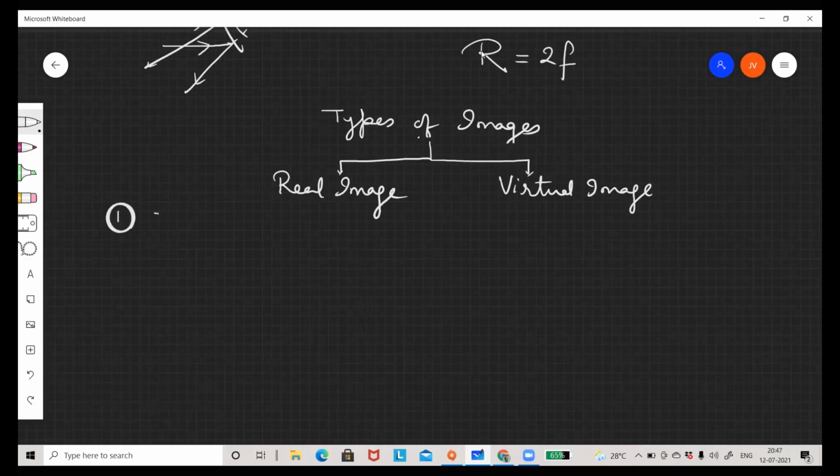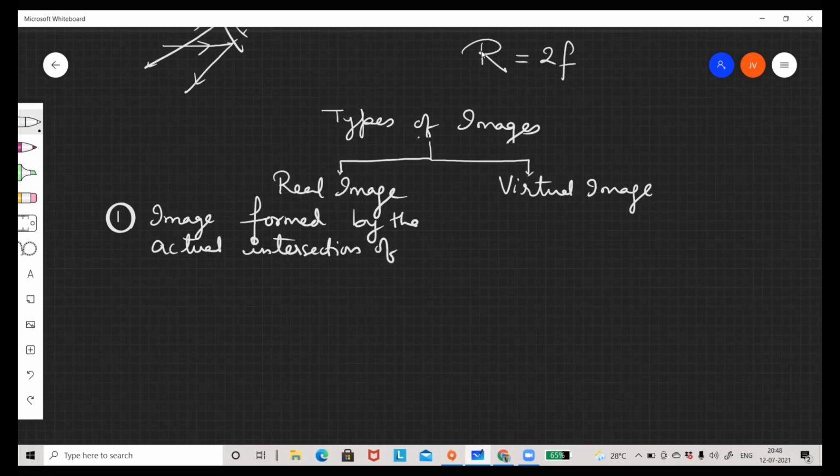A real image is an image formed by the actual intersection of reflected, and when we go for lenses, refracted light rays.